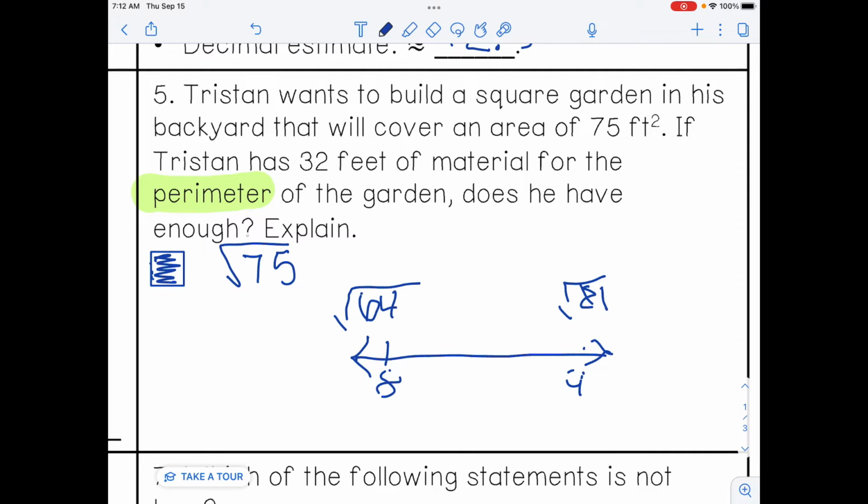So I'm going to ask myself, where does this fall between? And I can do that by hashing it out. So from 64, I'm going to count 65, 66, 67, 68, 69, 70, 71, 72, 73, 74, 75, 76, 77, 78, 79, 80, and then 81 is at the end.